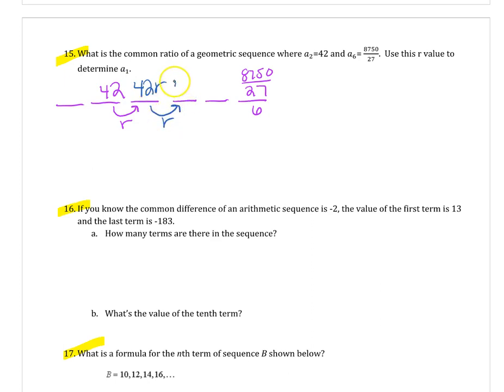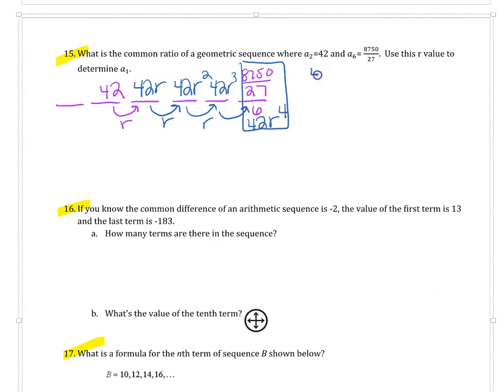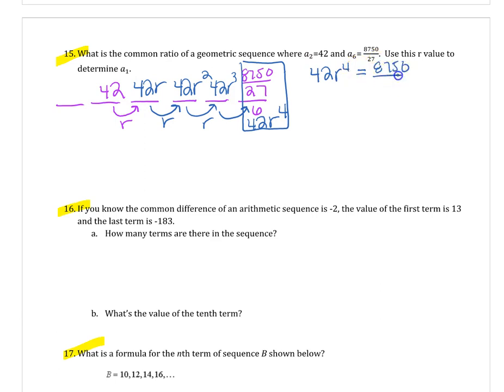If you multiply by r again, that would be 42r squared. Multiply by r again, that's 42r cubed. One more time, this would be 42r to the fourth. These things need to be equal to each other. So that's how I come up with my equation. 42r to the fourth is equal to 8750 divided by 27.